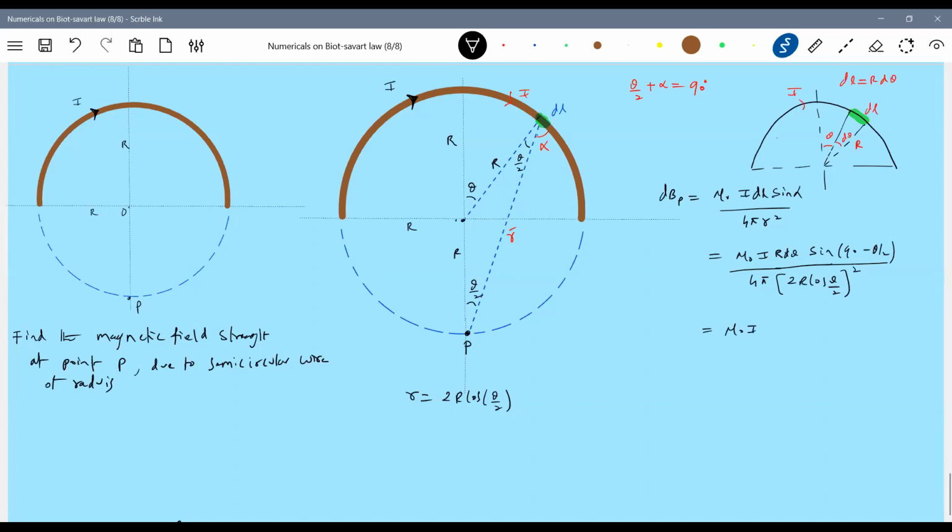Mu naught I r over 4 pi, here 4 r square cos square theta by 2, sine of 90 minus theta by 2. Anybody? It is cos theta by 2.